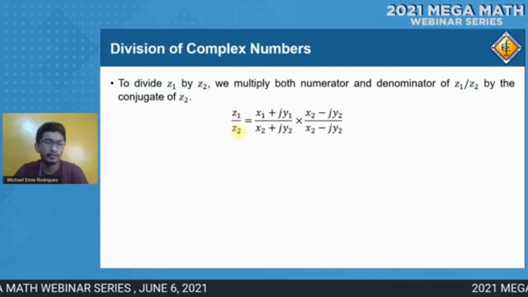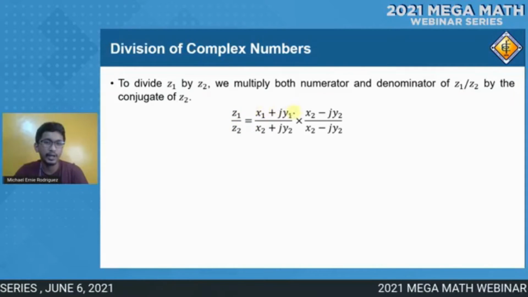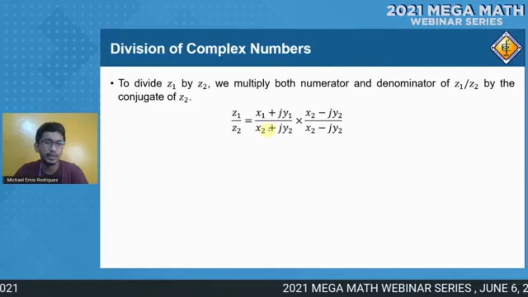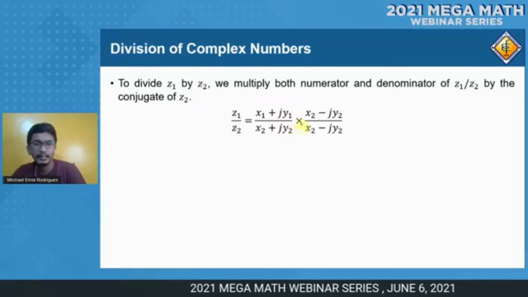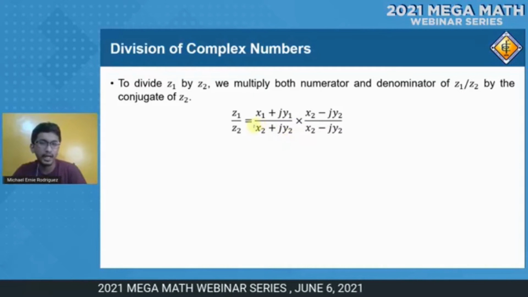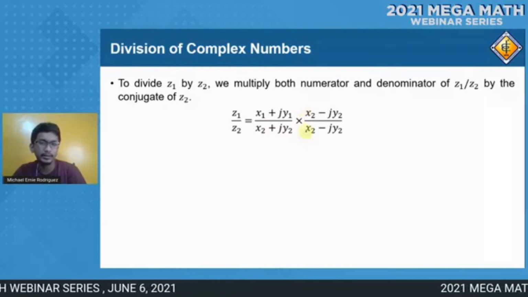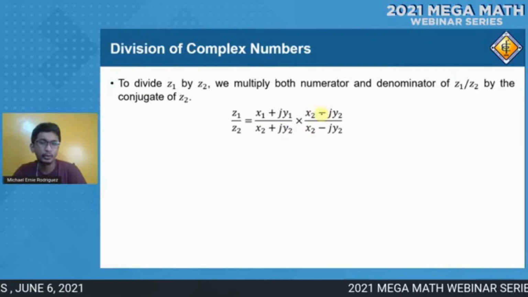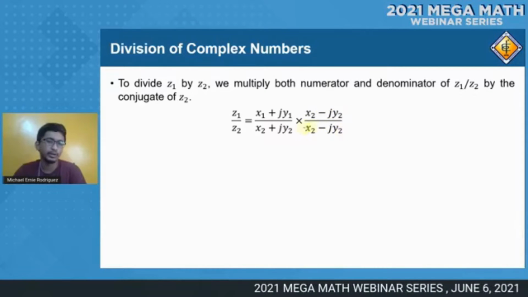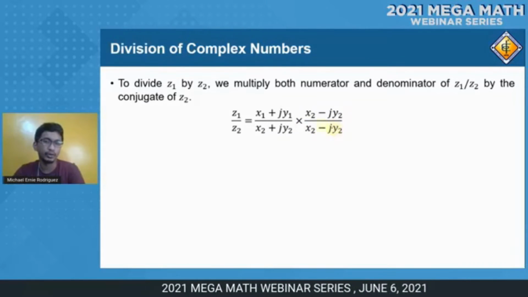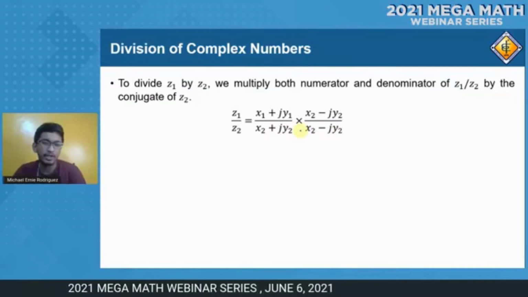So we have Z1 over Z2, that is X1 plus JY1 over X2 plus JY2. We multiply by the conjugate of X2 plus JY2, both numerator and denominator. So we have X2 minus JY2 over X2 minus JY2. So that is our division.